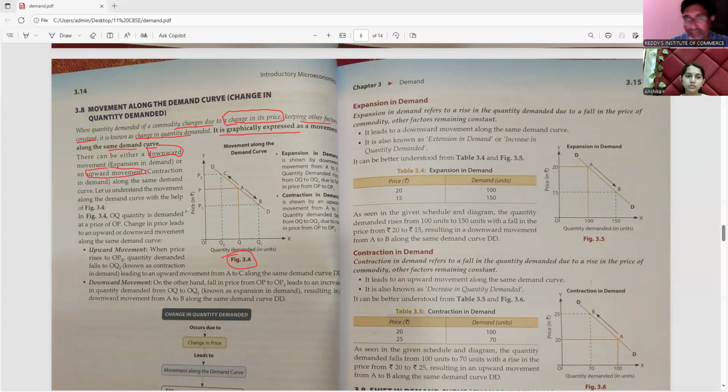Here we have the O axis, the X axis, and the Y axis. The X axis indicates quantity, and the Y axis indicates the price of the product.